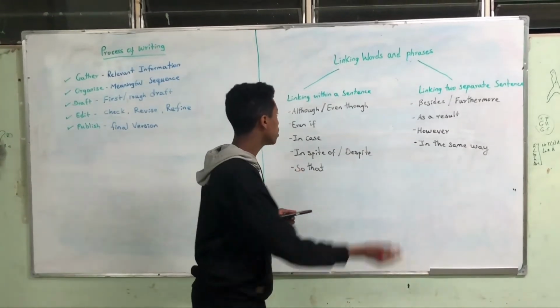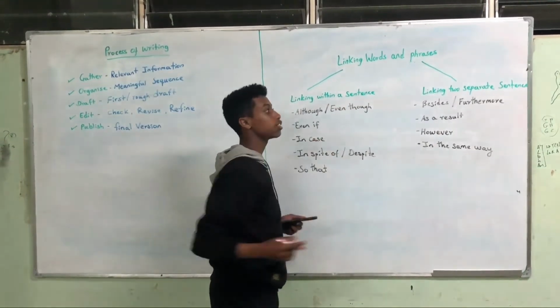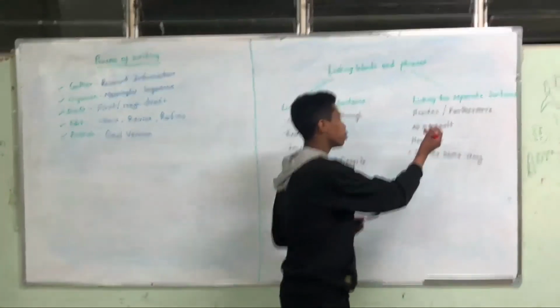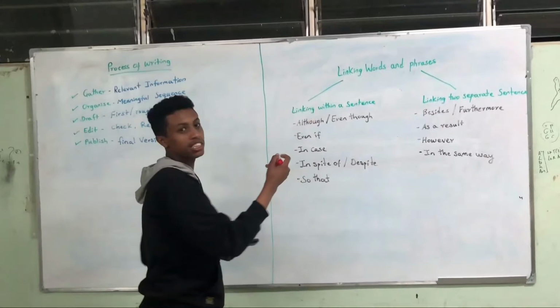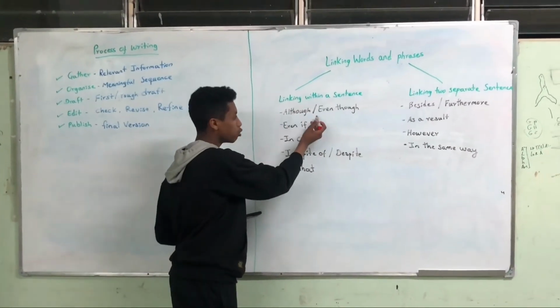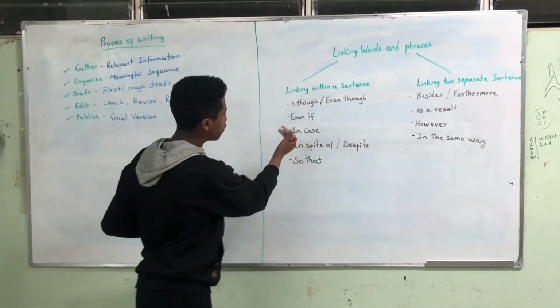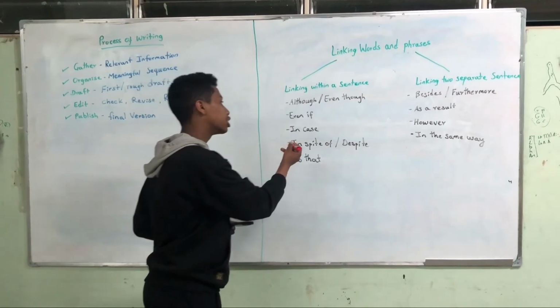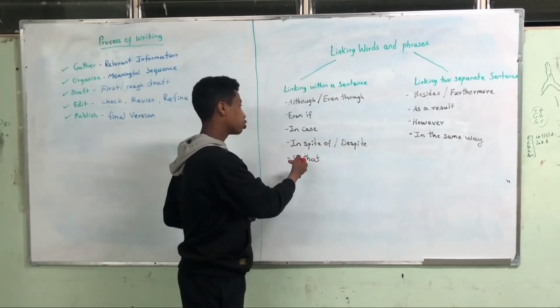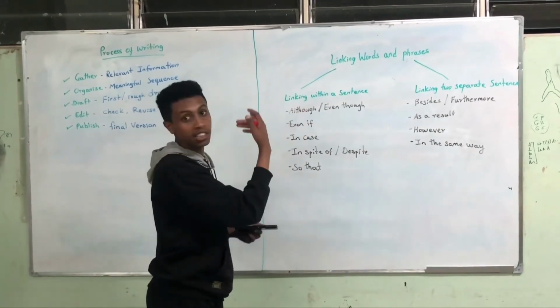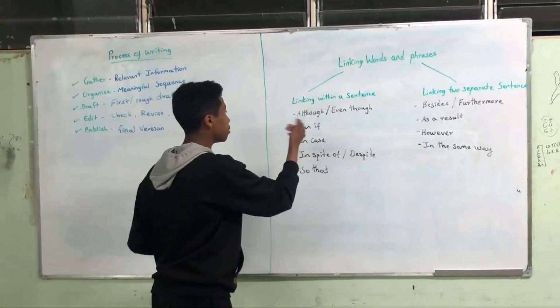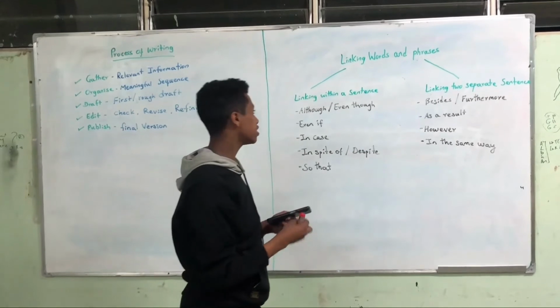We may use them within a sentence, or between 2 sentences. When we use them within a sentence, we use words like also, even though, even if, in case, in spite of, despite, so that. These are linking words that are used in a sentence.